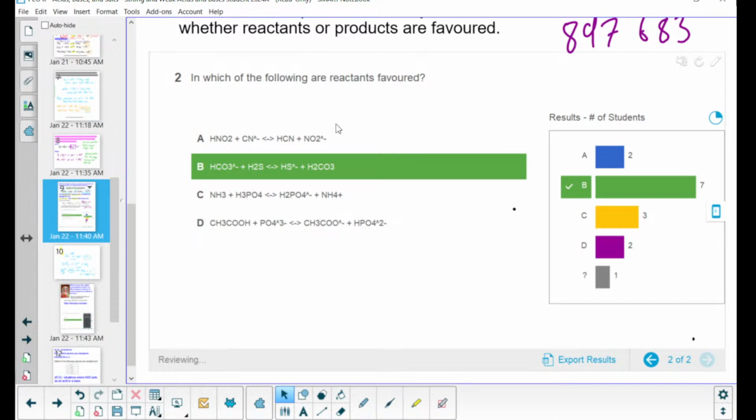So on this one, if the reactants are favored, where does the weakest one have to be? Reactants. So HCO3 minus versus H2S versus H2CO3. All the other ones will have them on the product side.